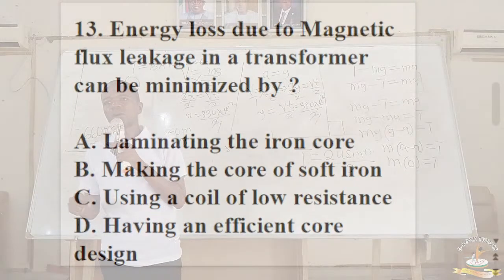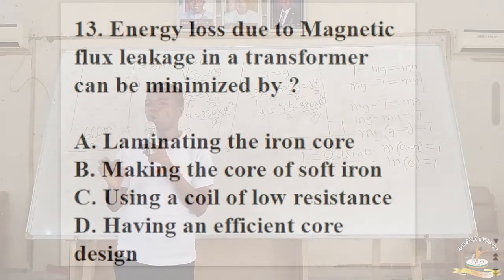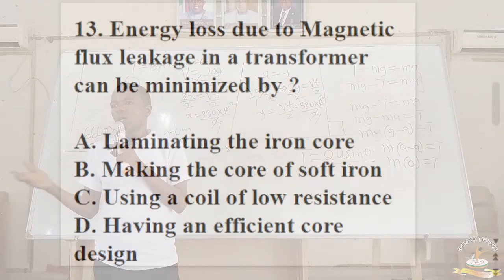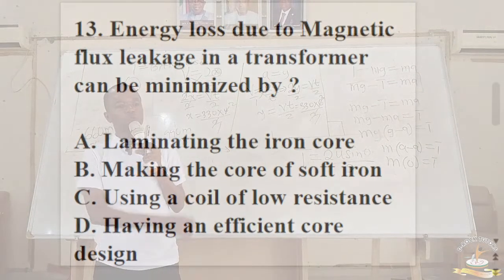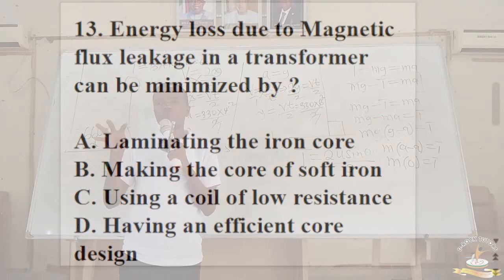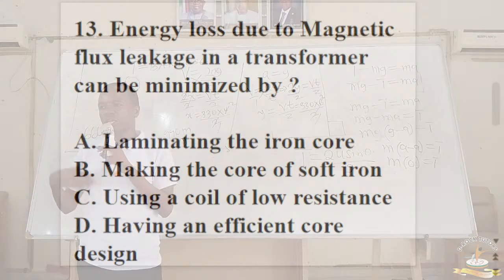The third source of loss in a transformer is what we refer to as the heat loss or the Joule loss. We can minimize energy loss due to heat or Joule loss by using a core of low resistance. And finally, to the question that led us here, we can minimize energy loss due to magnetic flux leakage by making use of efficient core design of that transformer.